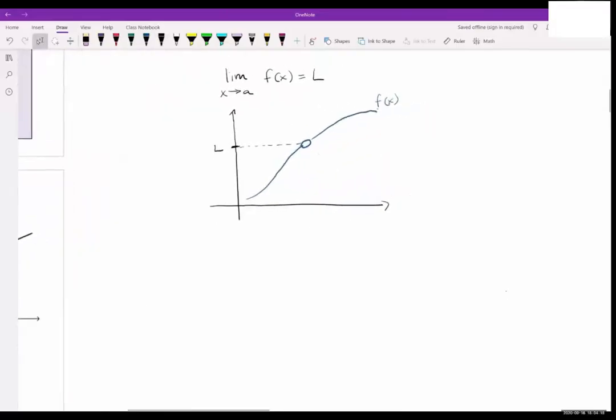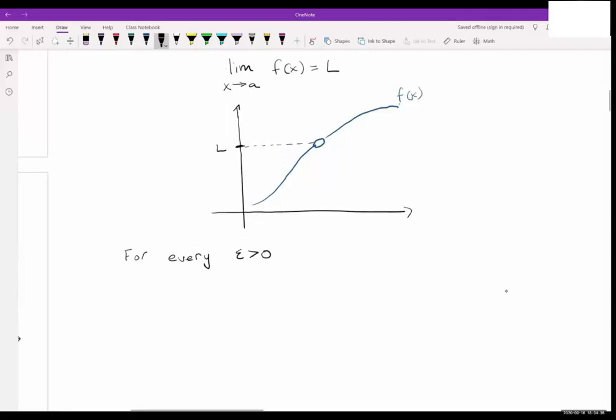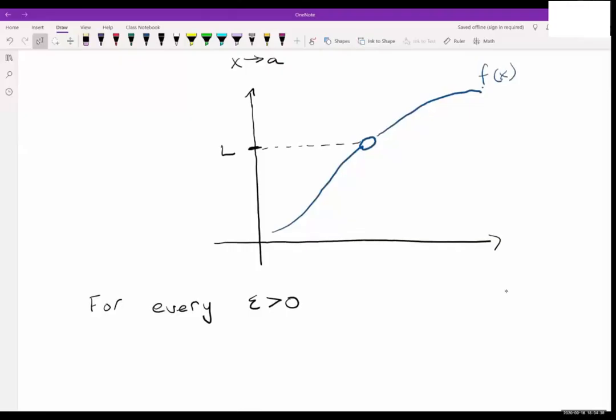The way this is defined, we say for every epsilon greater than 0. Okay, what is epsilon? It's a small positive number. For every epsilon greater than 0, what that is referring to is we add a little bit to L and we subtract a little bit.